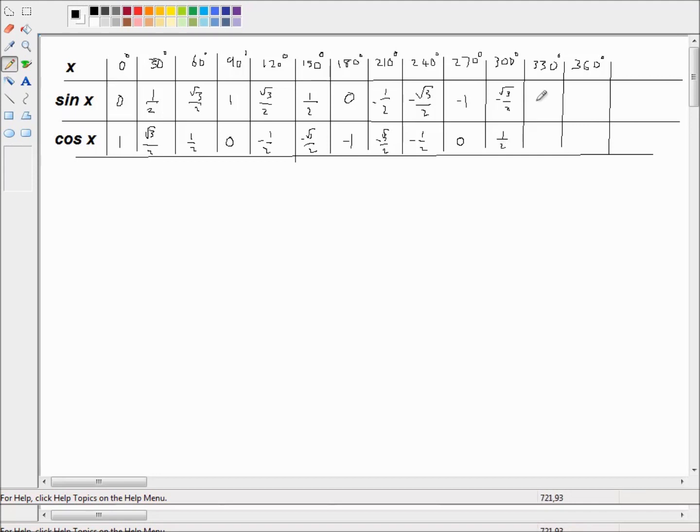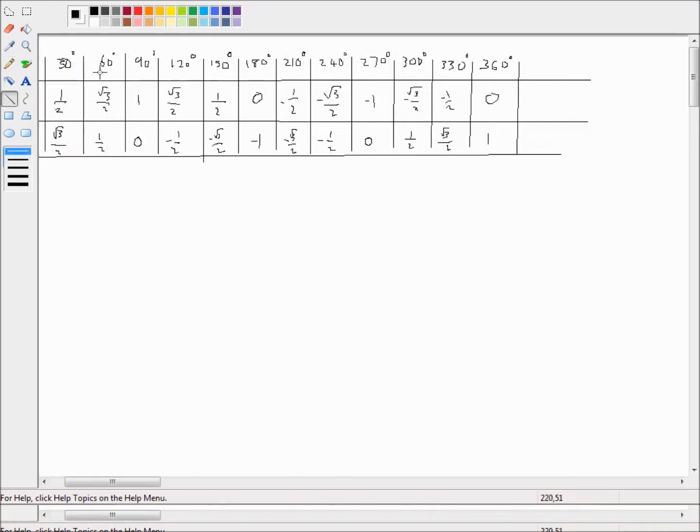And for 330 degrees, we're looking at negative a half for the sine, and we're looking at positive root 3 over 2 for the cosine. And of course 360 degrees, we're looking at 0 on the sine and 1 on the cosine. And that's our table.